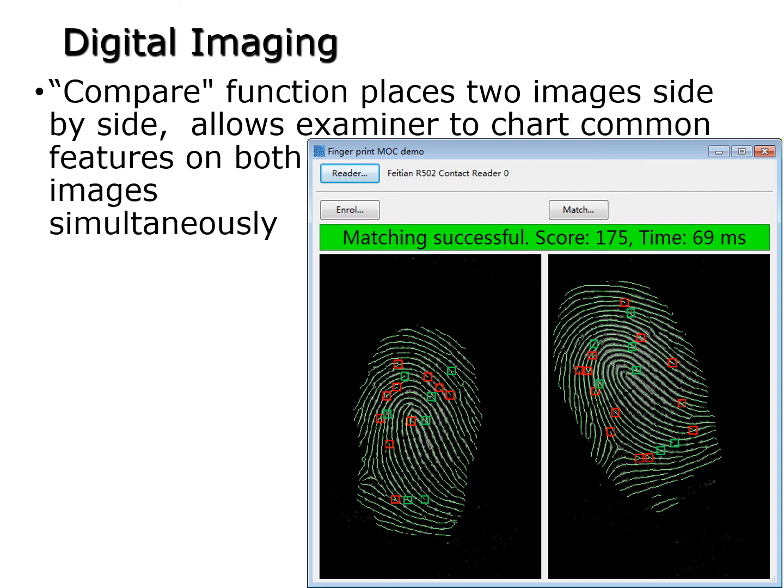And as you recall, there's about 150 minutiae per fingerprint. So this allows the computer to compare an unknown print. When we say unknown, we mean the print at the crime scene, because we don't know who left that print at the crime scene. So the crime scene print is the unknown.